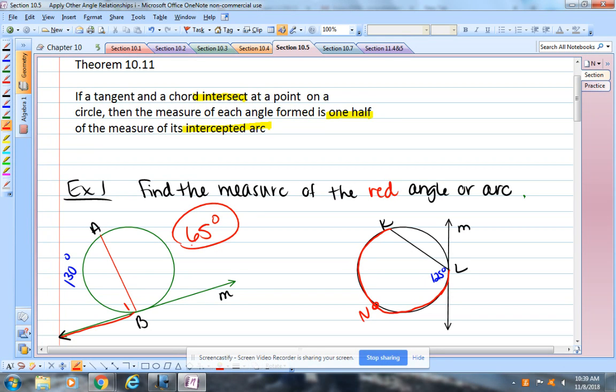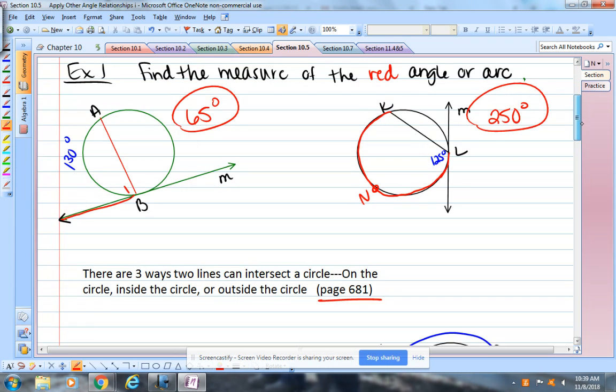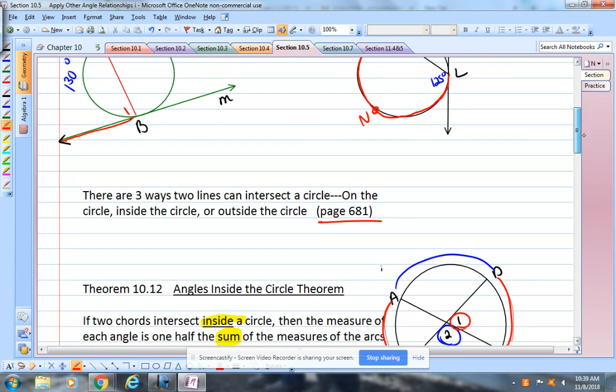So what do we get when we double 125 degrees? 250 degrees. Does that make sense? So if they give you the angle, you double it to get the arc. If they give you the arc, you half it to get the angle. Questions? Okay.